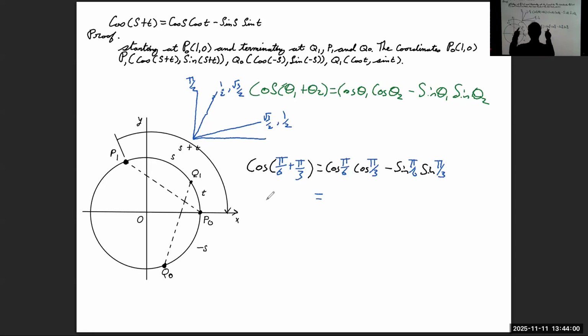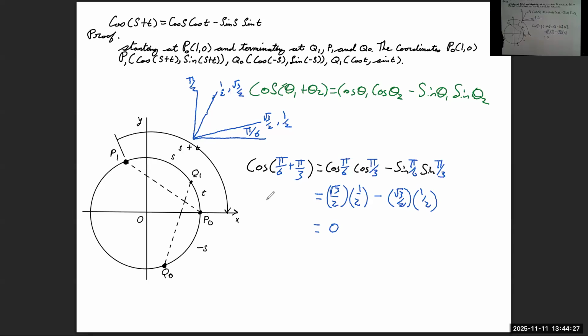Which one was it? Cosine of pi over 6 is root 3 over 2, and cosine of pi over 3 is 1/2. The sine of pi over 6 is 1/2, and the sine of pi over 3 is root 3 over 2, and that gives 0.